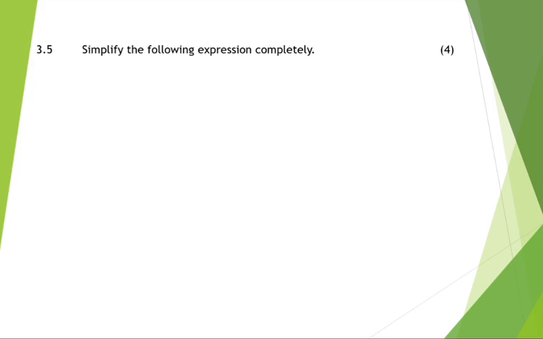And then we'll move on to 3.5. Simplify the following expression completely. On the numerator we are multiplying, so 3 times 2 is 6. With the same base, we add the exponents, 2 plus 3.